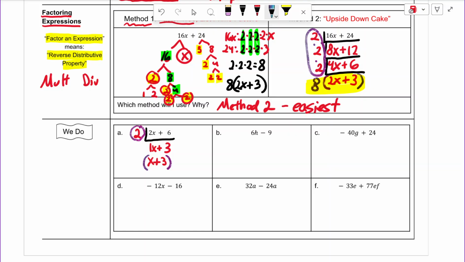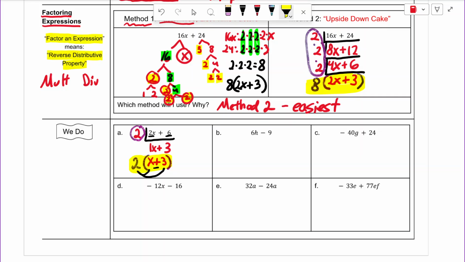I only have one number, and 2 is 2. Now, how do I know I am correct? Well, if you distribute, 2 times x is 2x, and 2 times 3 is 6. And I have the plus sign. So that is correct. I'll highlight it, saying that that is my final answer.